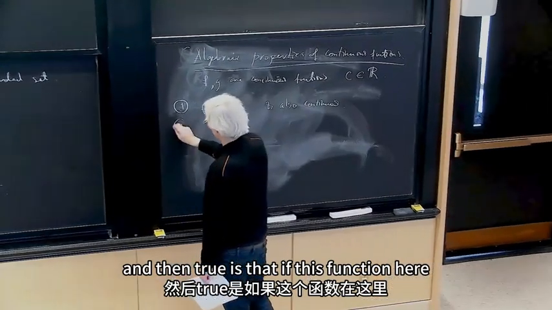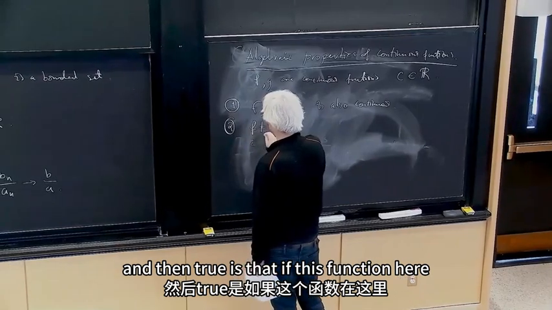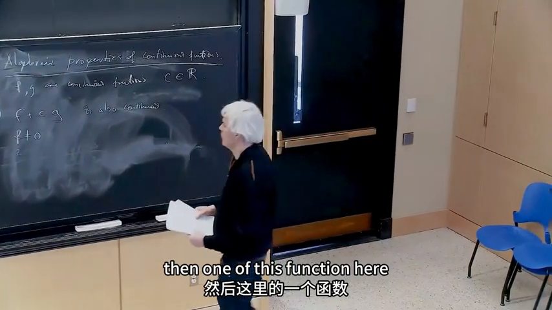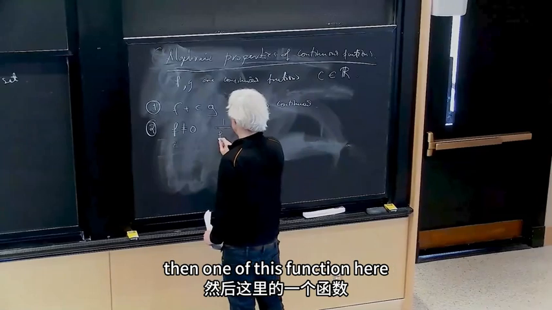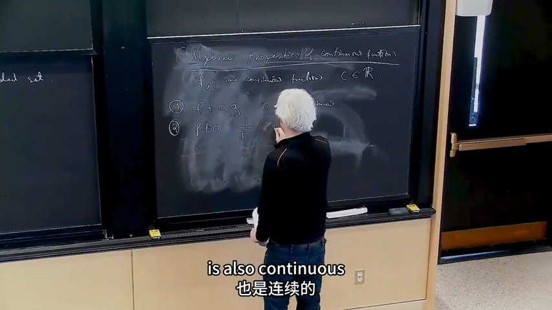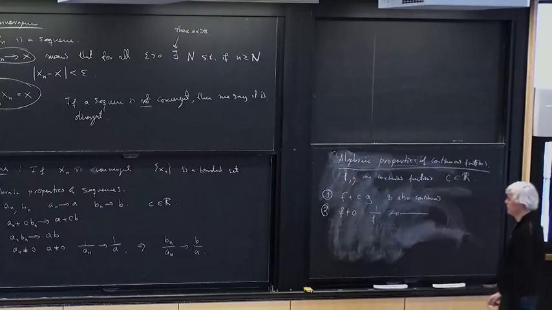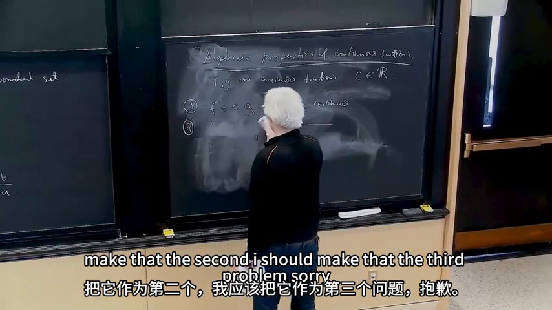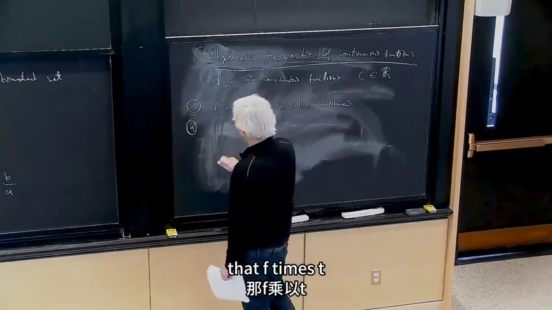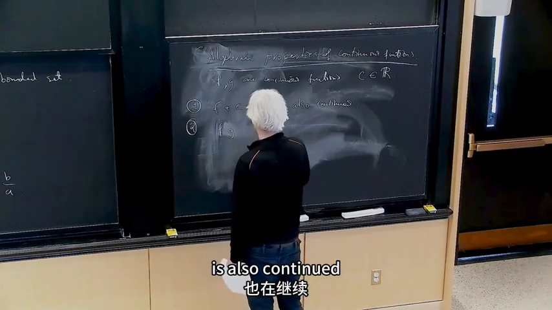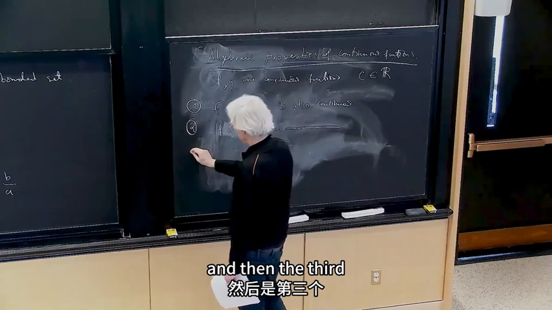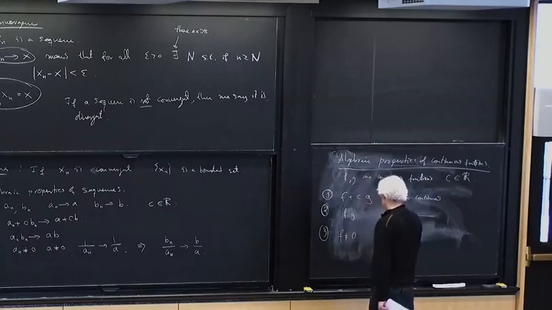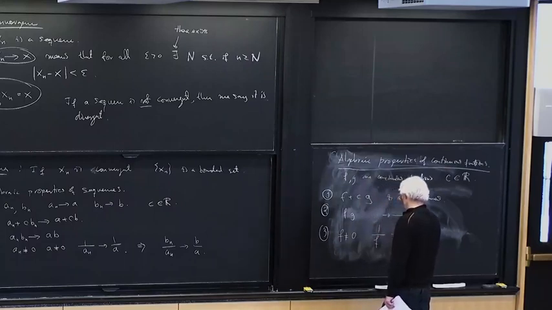And the third property is that if g is never equal to 0, then f over g is also continuous.